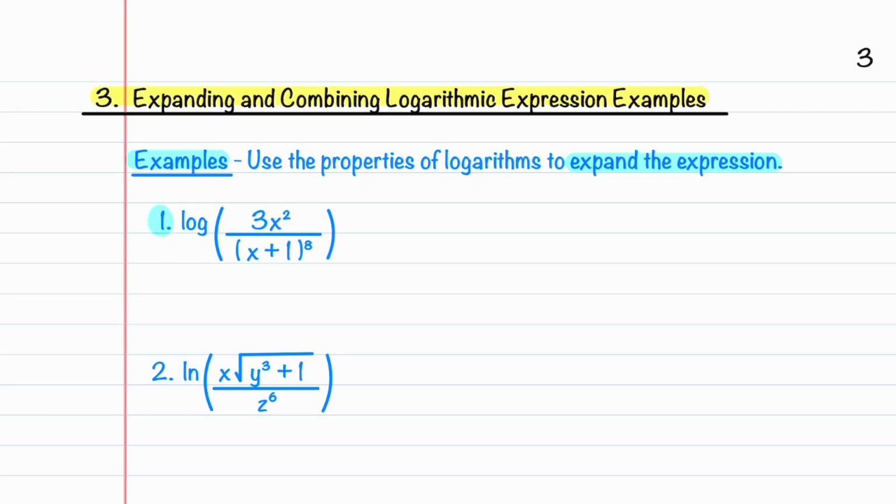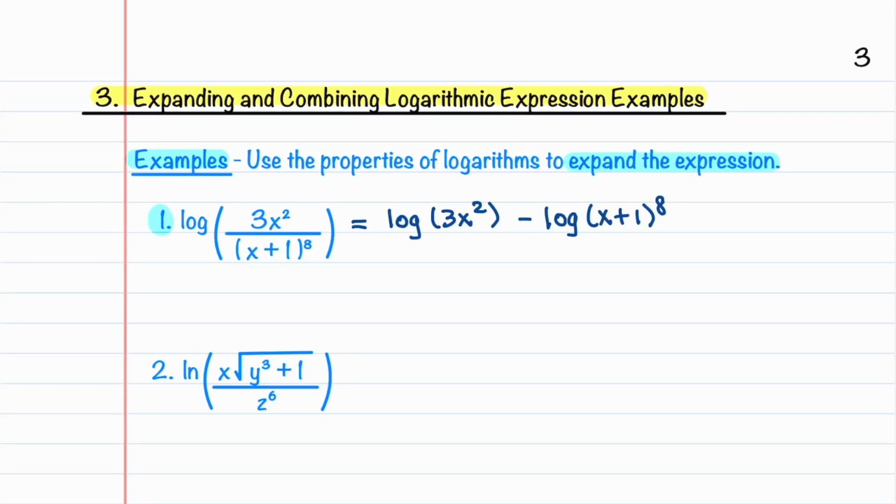We have the log of a quotient, so we're going to start by breaking this log up into two pieces that we're going to subtract. This is going to be equal to the log of 3x squared minus the log of x plus 1 to the 8th.